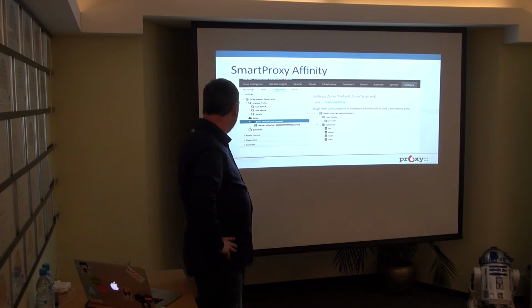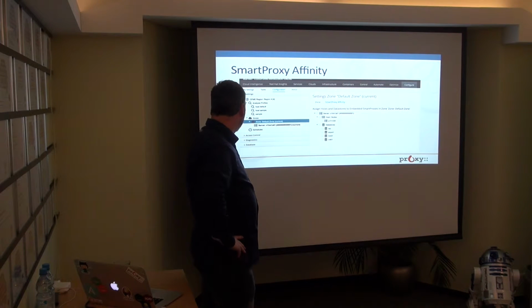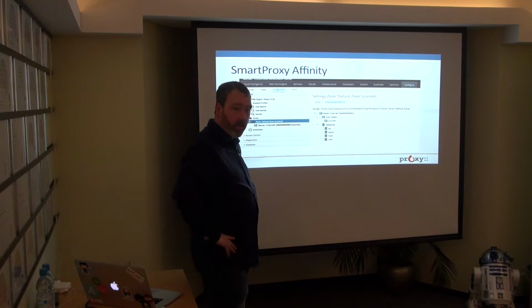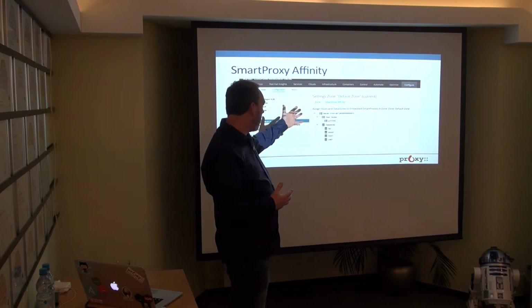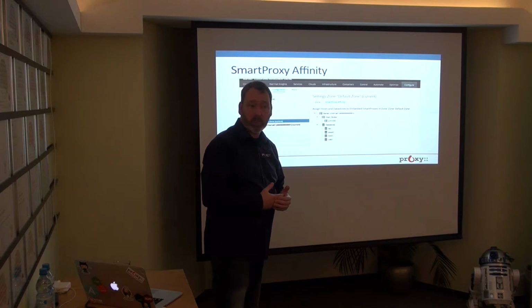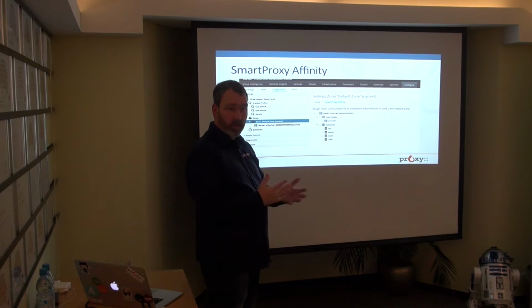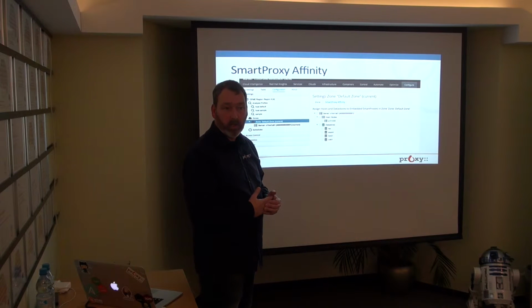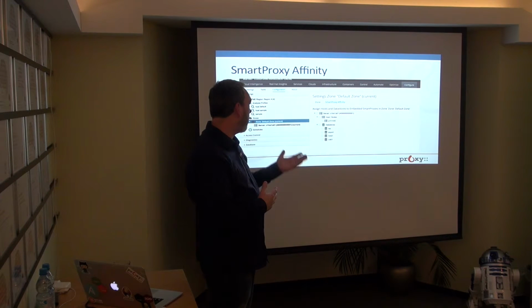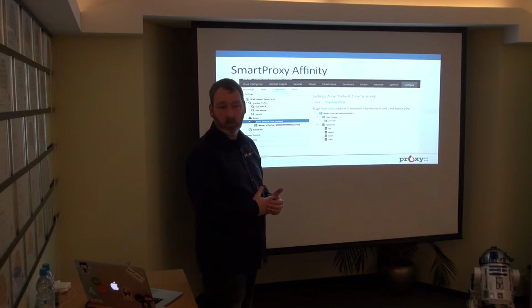In CloudForms there is a possibility to do smart proxy affinity. If you have multiple smart proxies, you can define the hosts and the data stores which the smart proxy connects to. I mentioned that we first started with version 3.1, and in 3.1 the smart proxy affinity didn't work.